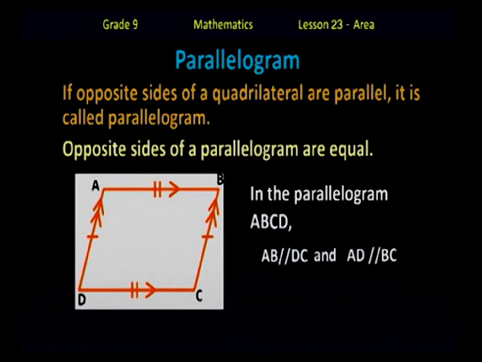They are parallel lines. And we can write equal sides. They are equal in length. AB is equal to DC, and the other pair of opposite sides, AD and BC, we can write down AD equals BC. Now let's go to the next slide.